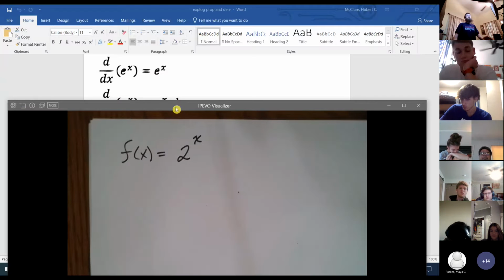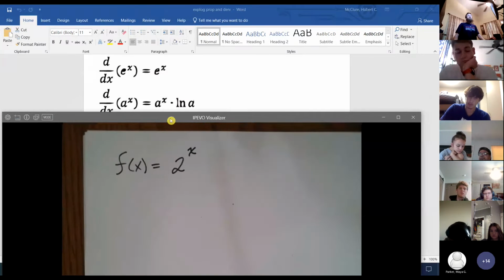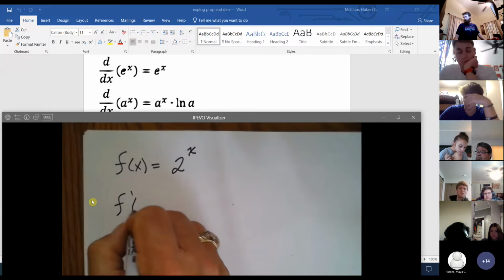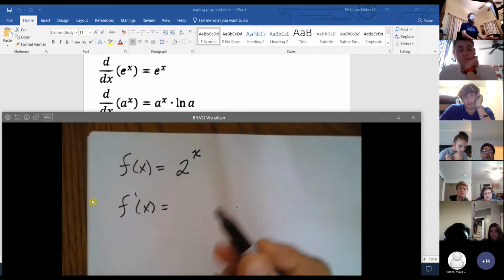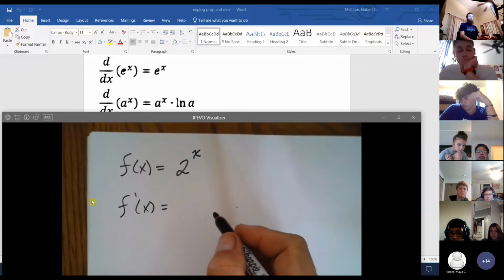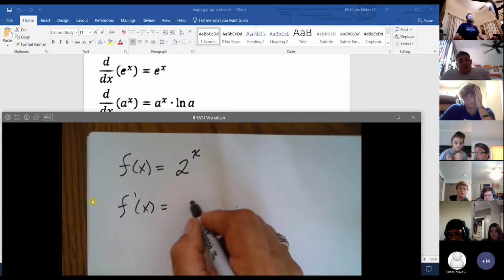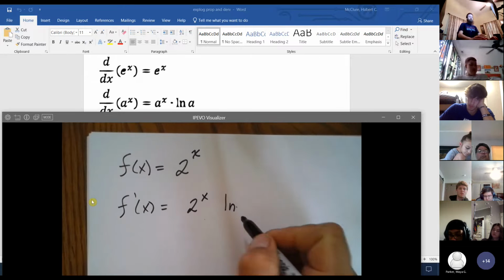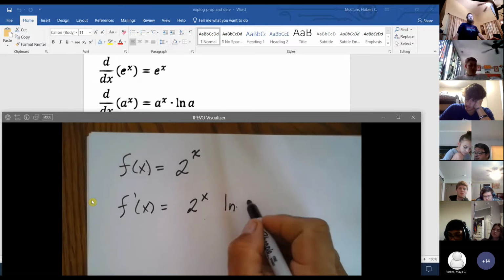And they love to do 2 to the x for some reason. And f prime of x, you just rewrite 2 to the x, times the natural log of what? Natural log of 2.